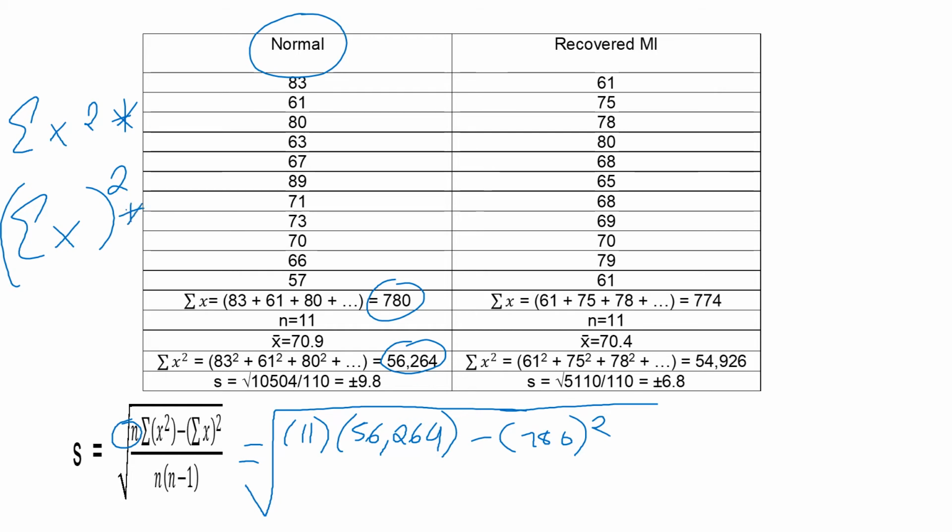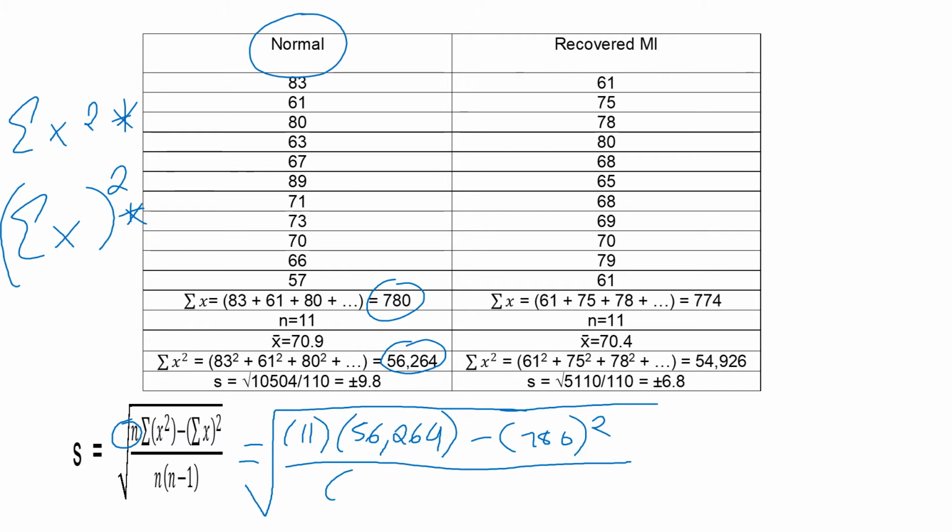For this one, you're taking the total of your summation of your data points and then squaring the total. So 780 squared should give you 608,000. Notice how it's not the same as 56,000 because you're doing two completely different things.